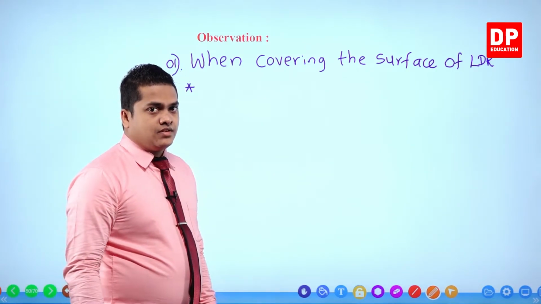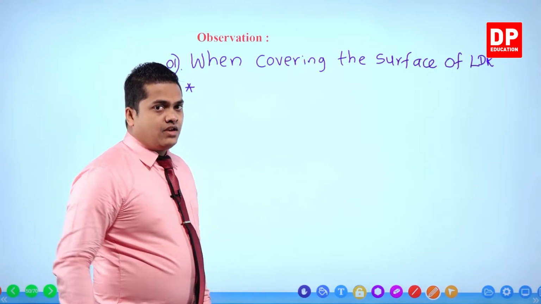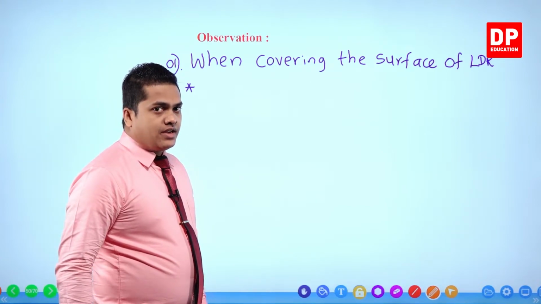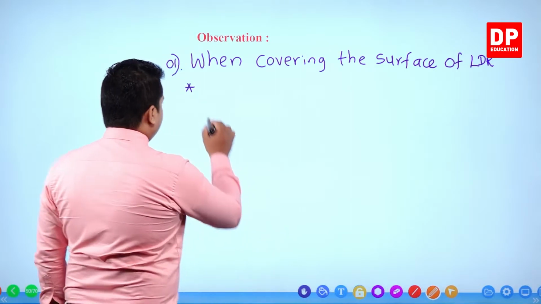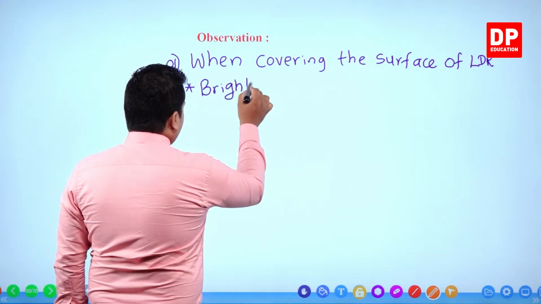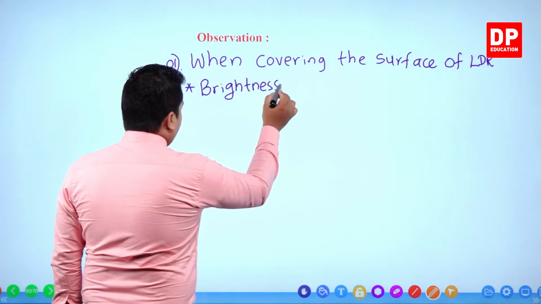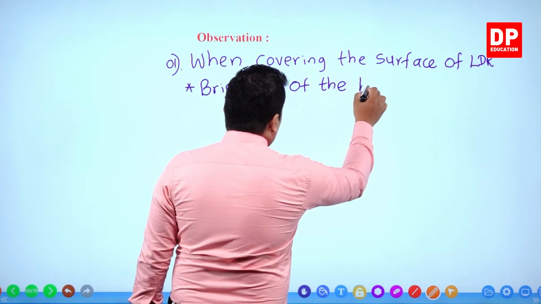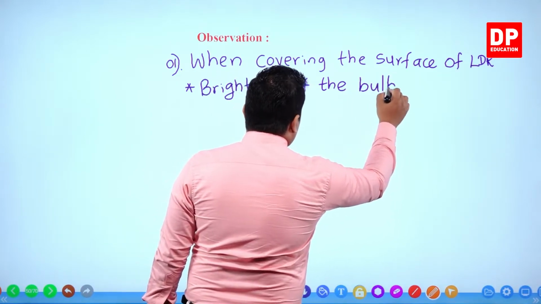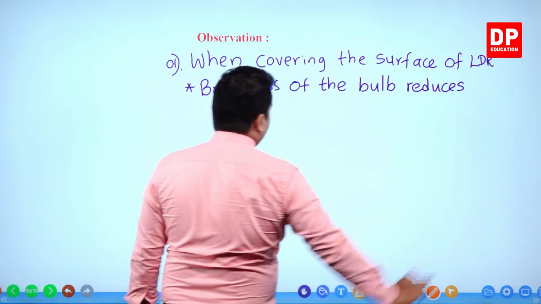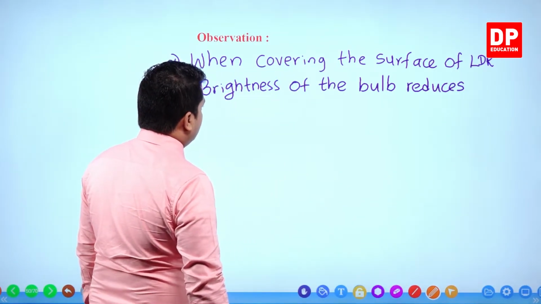Brightness of the bulb reduces, ammeter or milliammeter reading reduces. Brightness of the bulb reduces, right?